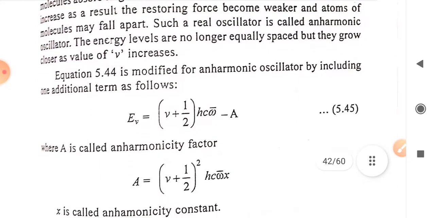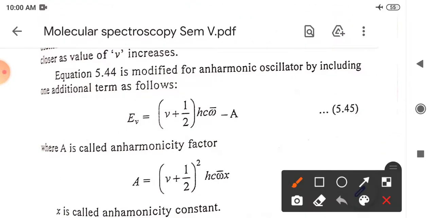Previously we have seen the energy for vibrational motion, that is E_V equals V plus 1 by 2 into hc omega bar. But now we will see specifically the anharmonic oscillator and its energy relation.